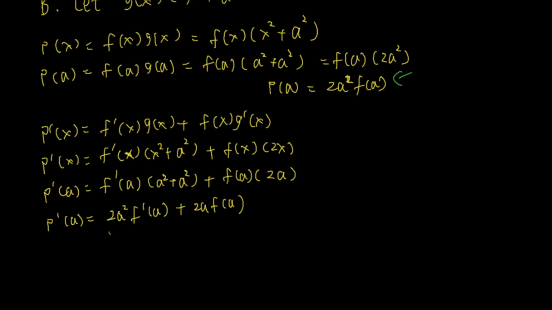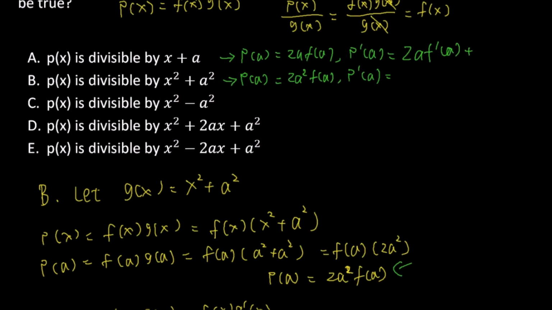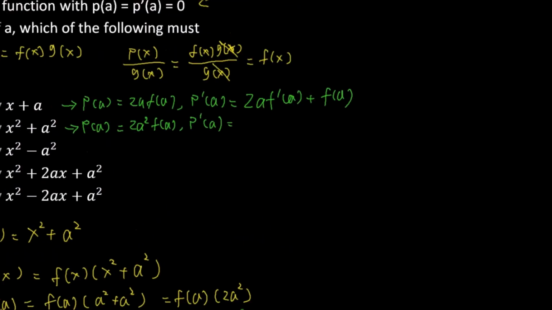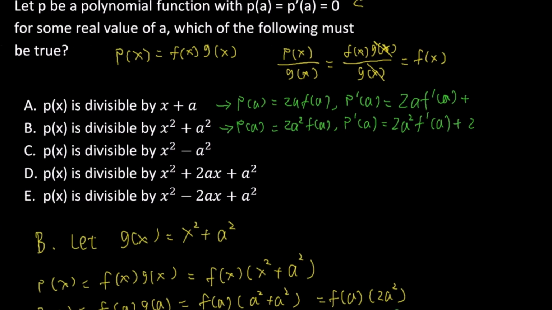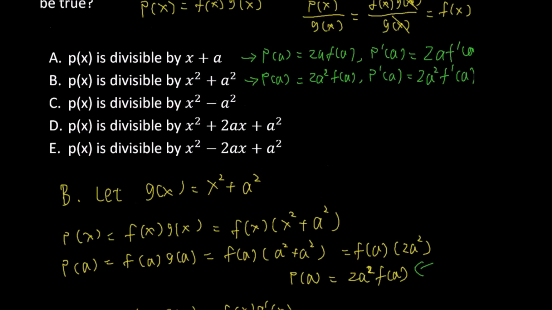This one here, 2A squared times F prime at A plus 2A times F at A. So we can write that down: 2A squared times F prime at A plus 2A times F at A. That should be, yeah. Okay, so we did B.